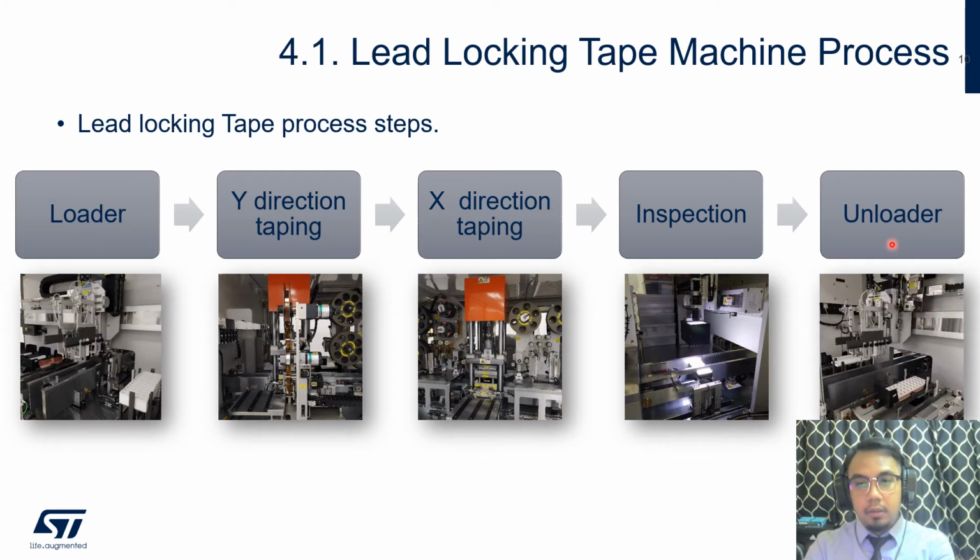At the end, at the unloader, the vacuum picker picks the lead frame and places it in the lead frame box. At the end we have two results, good and not good. Not good means the lead locking tape might have some issue, like foreign material attached to it.